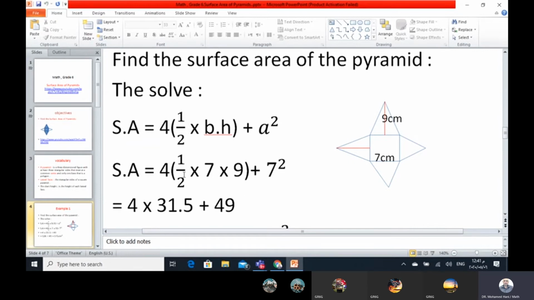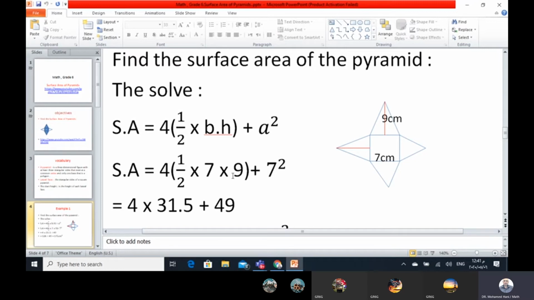Now I can write here 4, here 1/2, the value of the b 7, the value of the h 9, and the value of the a 7. Now, how to solve?